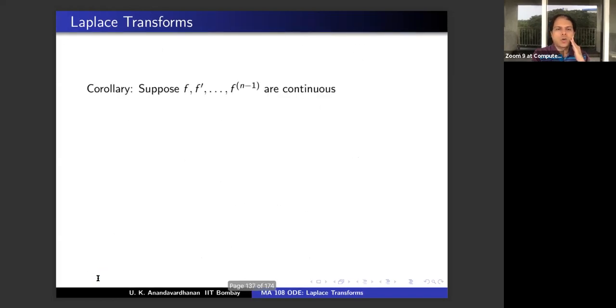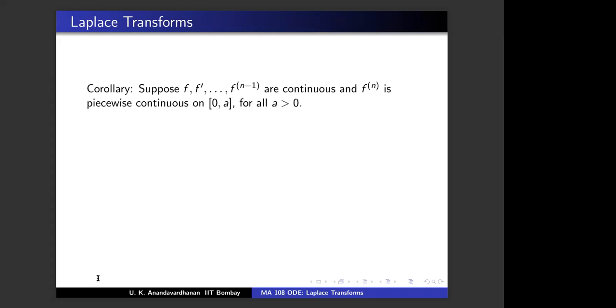Okay. Let me do the corollary. Suppose all these are continuous, and the nth derivative is piecewise continuous on [0, a] for all a positive. What will be your corollary? Can you guess what will be the statement? By induction I can compute L of the nth derivative of f, and can you guess the shape?